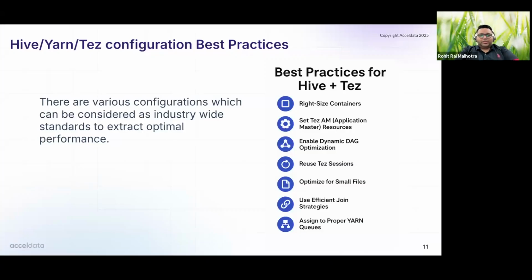So there are various configurations that can be considered as industry-wide standards. So we will take up all these individually. I have categorized all these configurations in different ways that are listed there on your screen, so we'll focus on each section at a time.